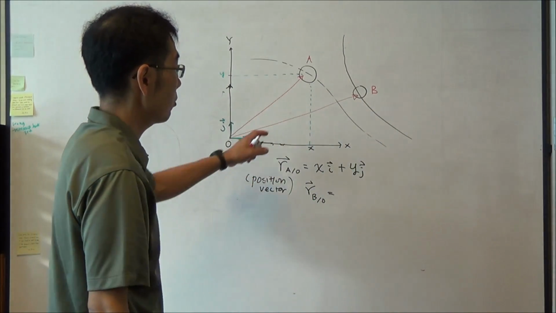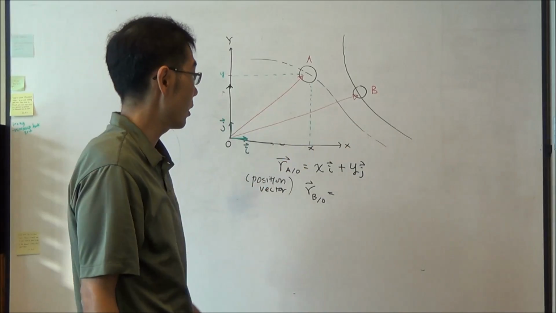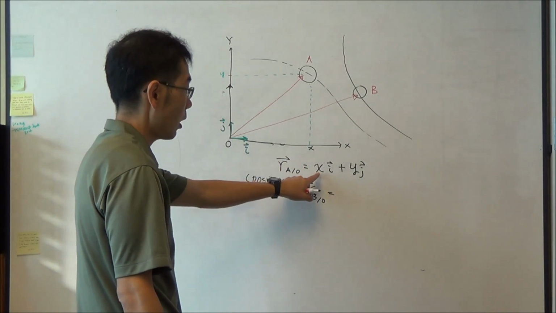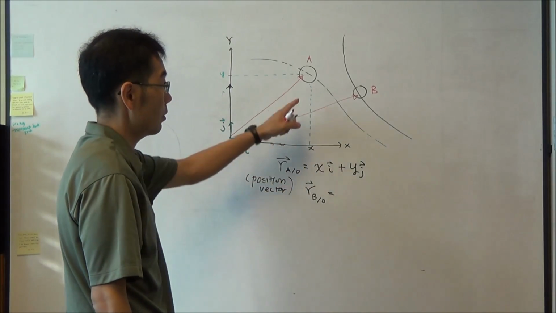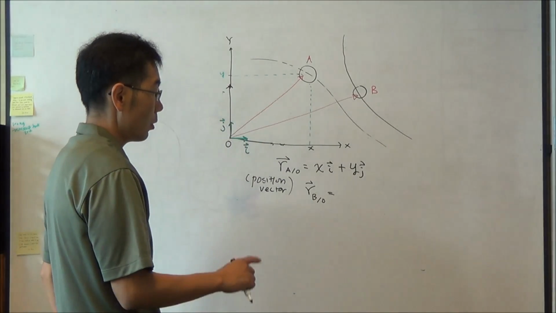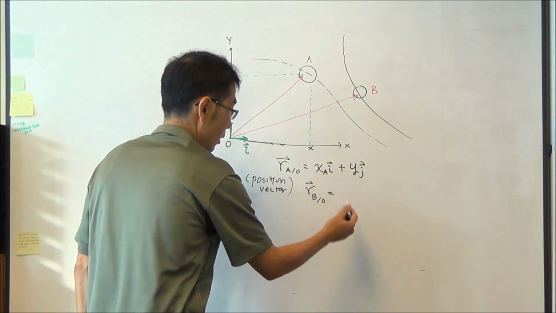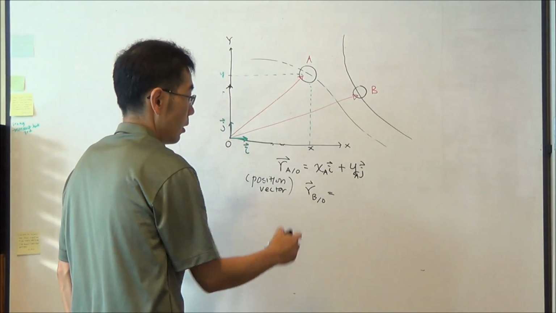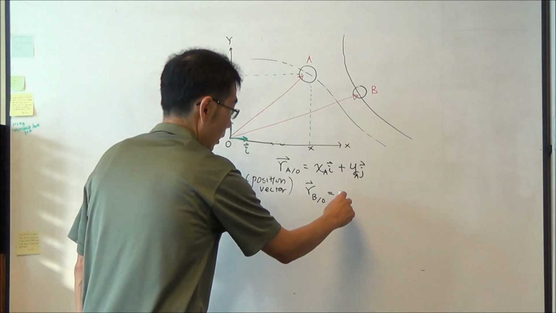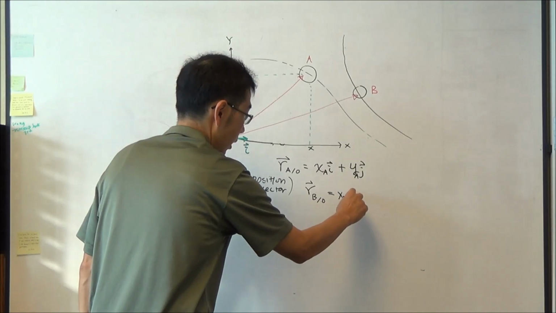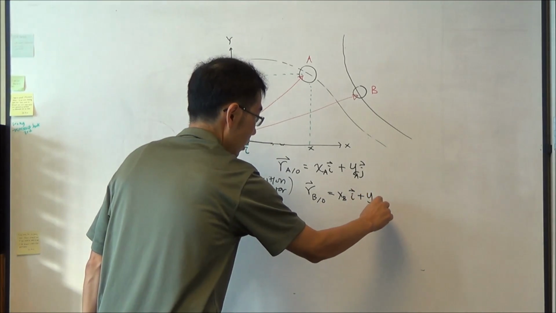But since we added another object, to differentiate between the two, I will put subscripts here: xA i, yA j, and for this one xB i, yB j.